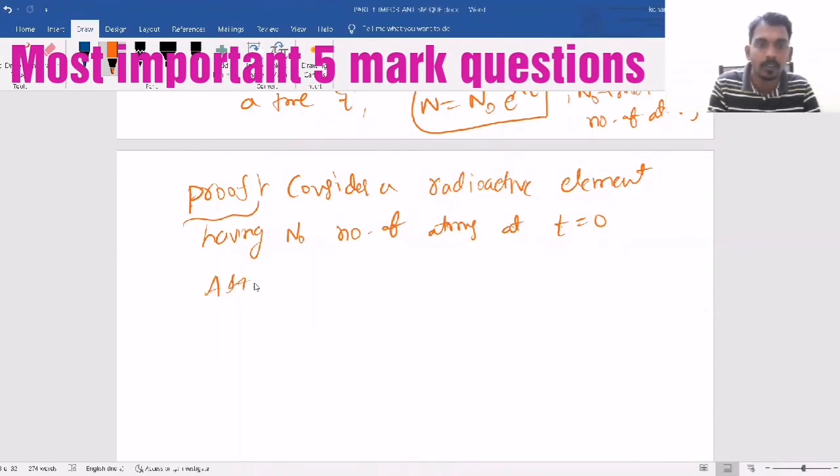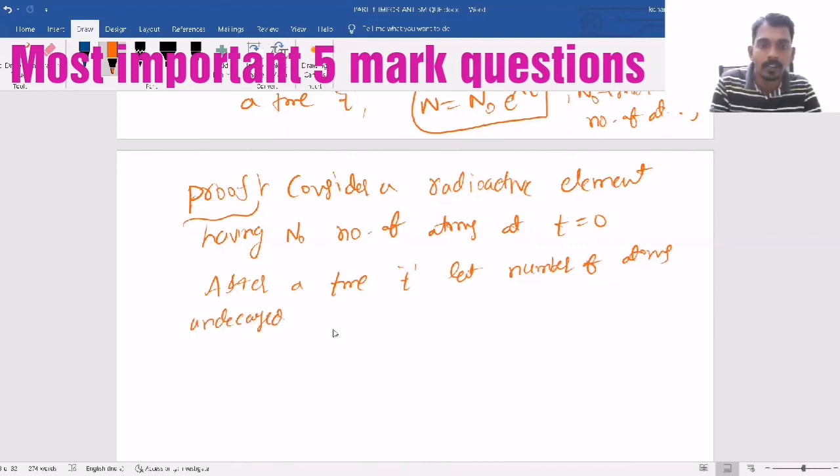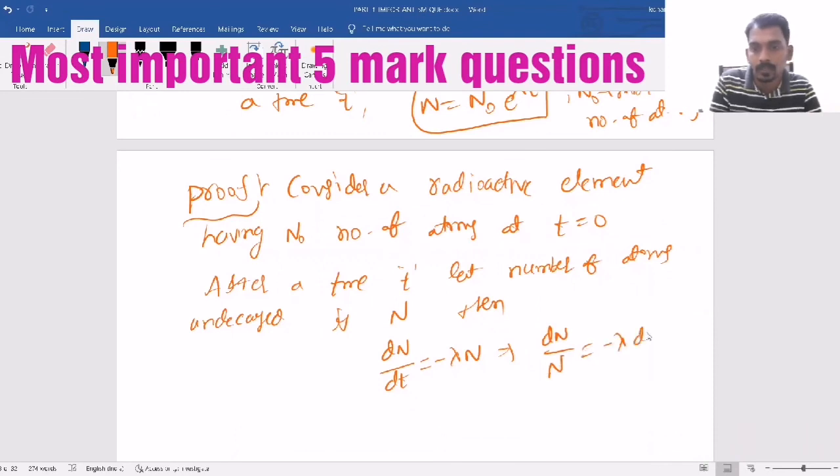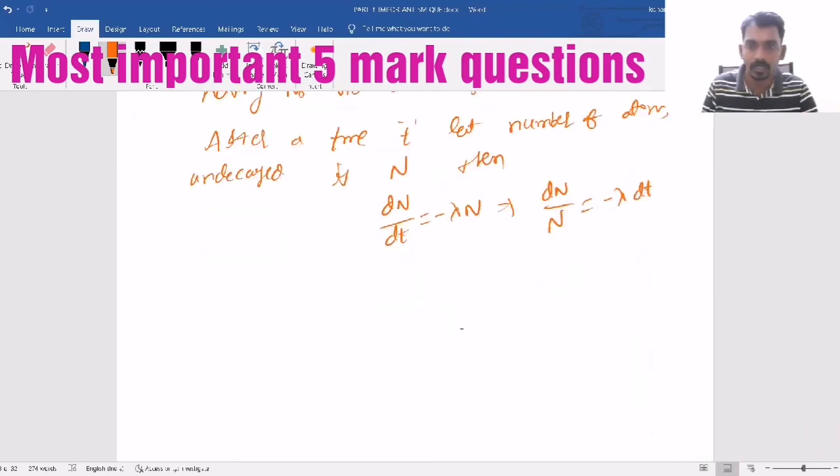Now, after a time t, let the number of atoms undecayed be N. Then dN by dt equal to minus lambda N implies dN by N equal to minus lambda dt.